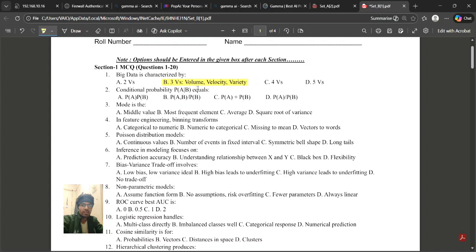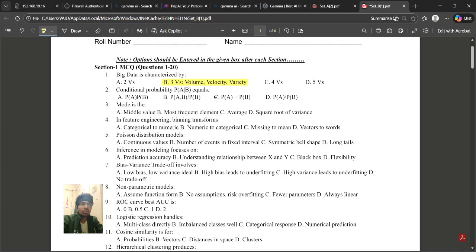Volume refers to the massive amount of data, velocity refers to the speed at which data is generated and processed, and variety means different types and formats of data. While some people talk about four V's or five V's, adding veracity and value, the foundational concept is the three V's. So the answer is B.